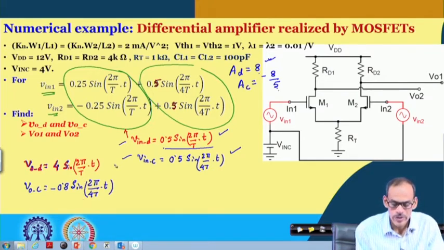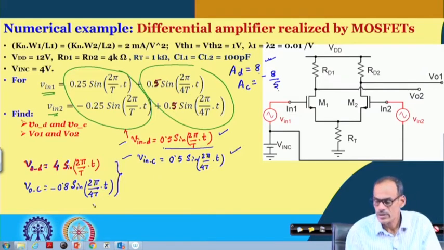Right. So, if I combine these two, we can get the individual signal, and as I said, the individual signal has a DC voltage of 8 volt.